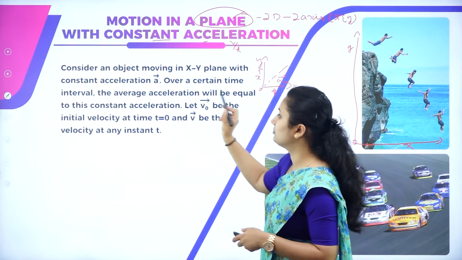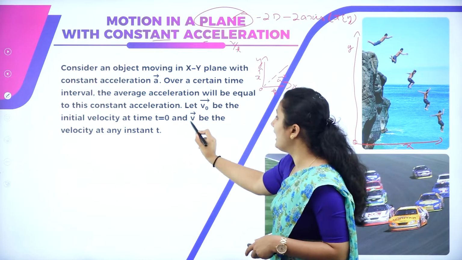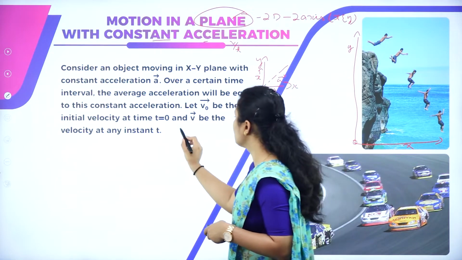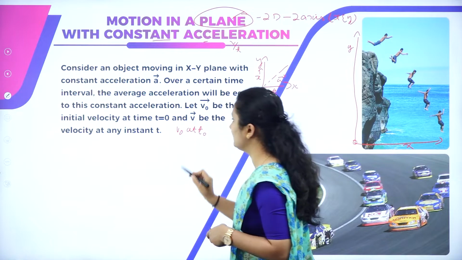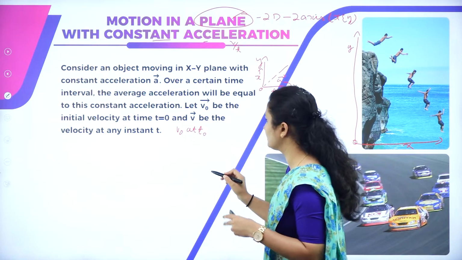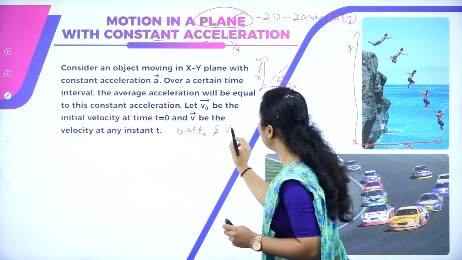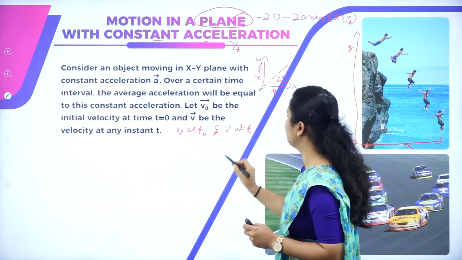Let V0 be the initial velocity at time t0, and V be the velocity at time instant t. So V0 is the initial velocity at time t equal to 0, and V is the velocity at time t.